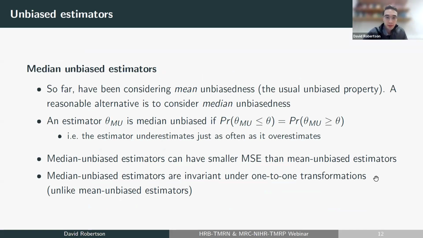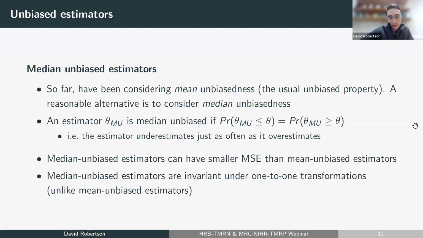So far we've been considering mean unbiasedness. If you recall a few slides earlier, we had the expectation of theta hat. That's the usual unbiasedness property. Actually, a reasonable alternative, which is fairly common in the literature for adaptive designs, is to consider median unbiasedness. An estimator is median unbiased if it underestimates just as often as it overestimates, and so this probability statement holds.